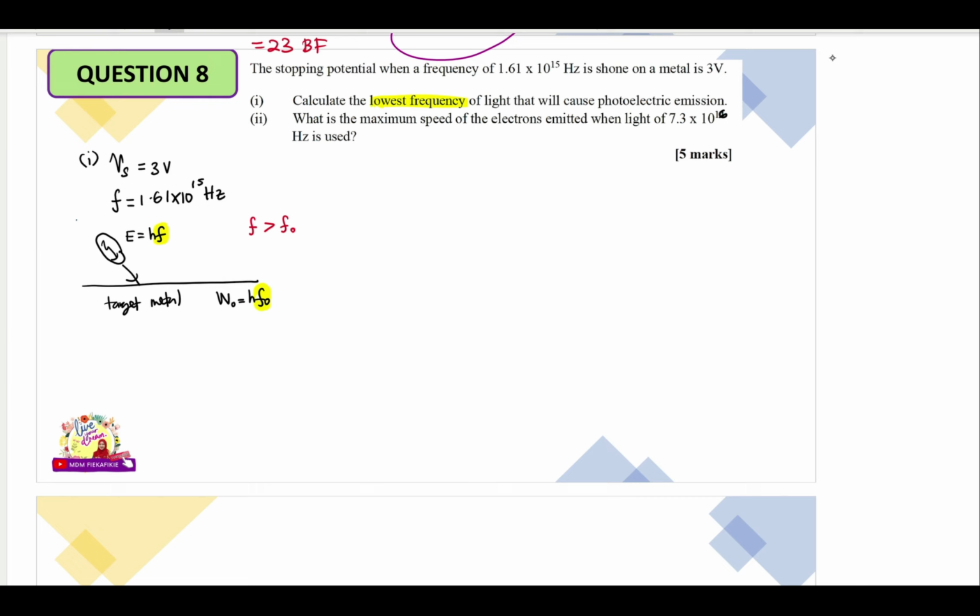Tapi sekiranya the value of F is equal to F0, means that the electron is ejected. Okay, dia berada dekat sini tetapi dia tidak bergerak keluar. Dia tidak terbang keluar. Dia tak ada nilai V. Dia tak ada kinetic energy. V dia kosong and kinetic energy dia adalah kosong.